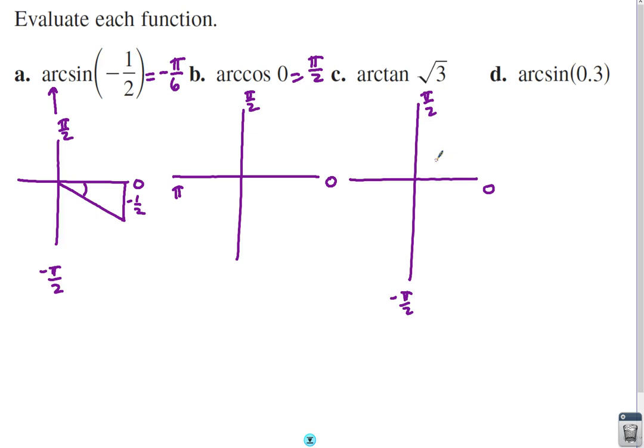Now if two numbers within these two quadrants reduce to a positive root 3, I have to think about what possible combinations I have. Well, my x and y are both positive here. My x is positive and my y is negative here, so if I reduce those, my y divided by my x would be a negative number. So I don't actually want any angles from down here. So my angle measures have to be from this quadrant.